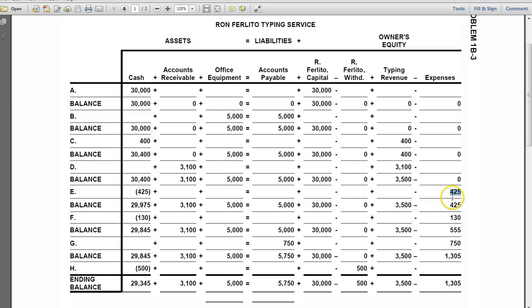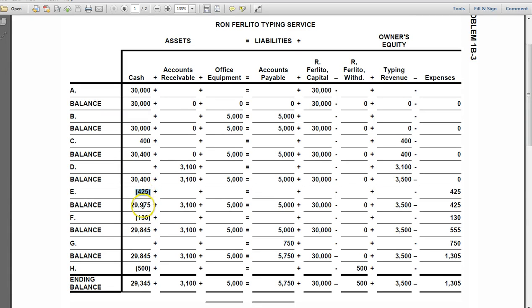That's a negative, an overall negative impact on owner's equity. I'll show you down below what happens. But right now you have an expense which is on the negative side of owner's equity. So next chapter you'd be debiting the expense account and crediting to reduce the cash account for 425.